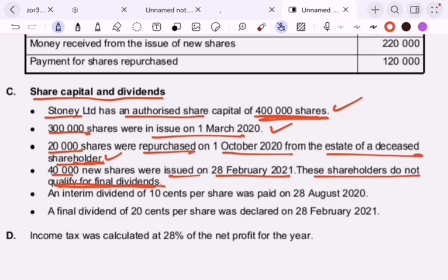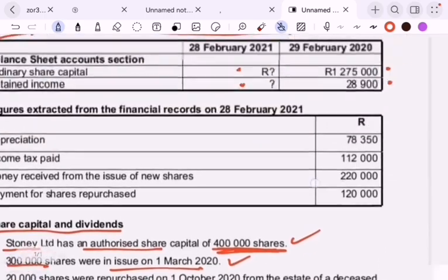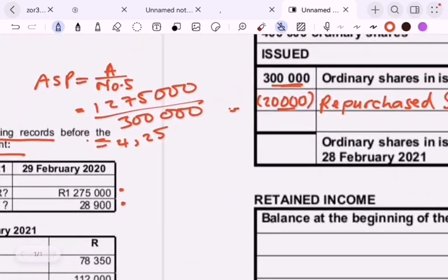Since we issued, it means we have given up 40,000 shares of ownership in our company in exchange for the money. So we want to quickly go there and record the 40,000.